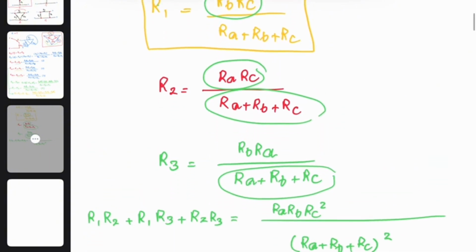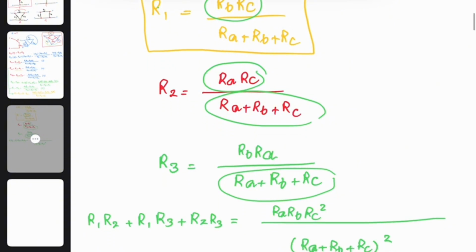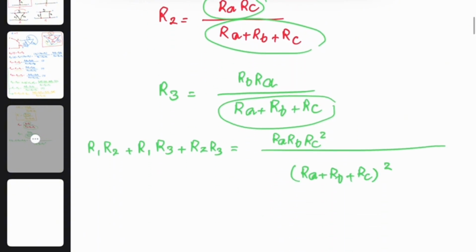Then R1 R3 is giving me Ra Rb squared Rc, and the next, the product of R2 and R3, gives me Ra squared Rb Rc.